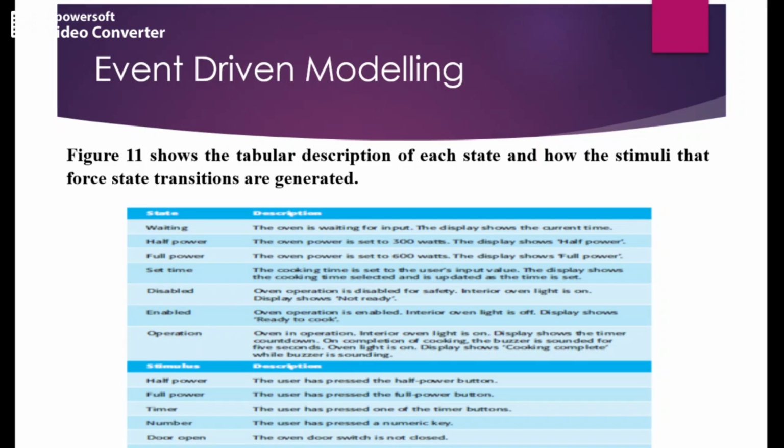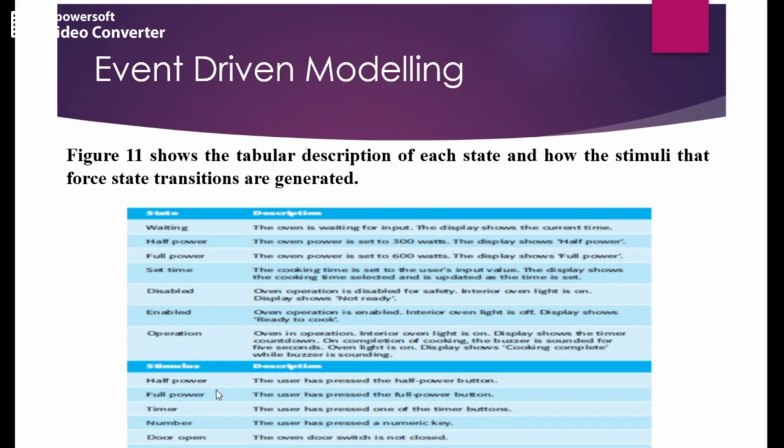For safety purposes, the interior oven light is on and the display shows not ready, so you cannot press the start button. Enabled: oven operation is enabled, the interior oven light is off, and the display shows ready to cook. Then you can press the start button.